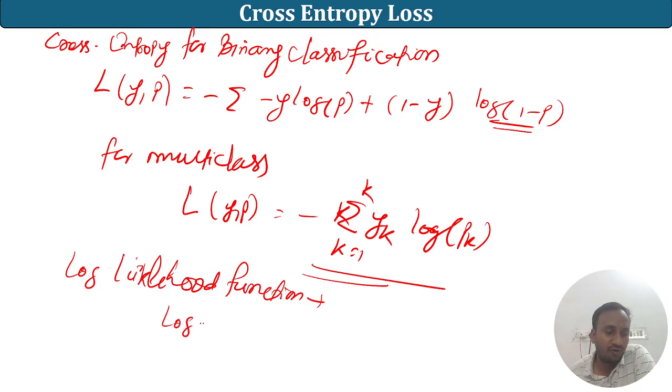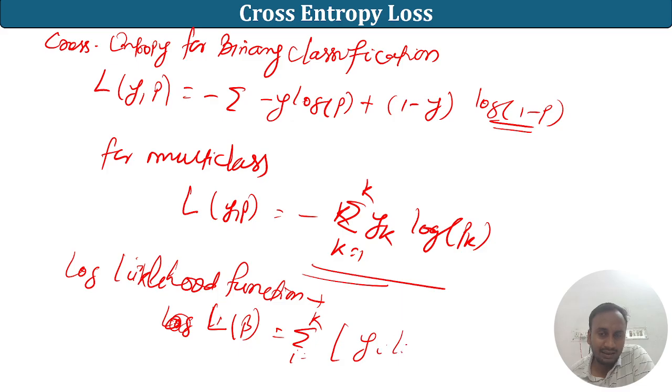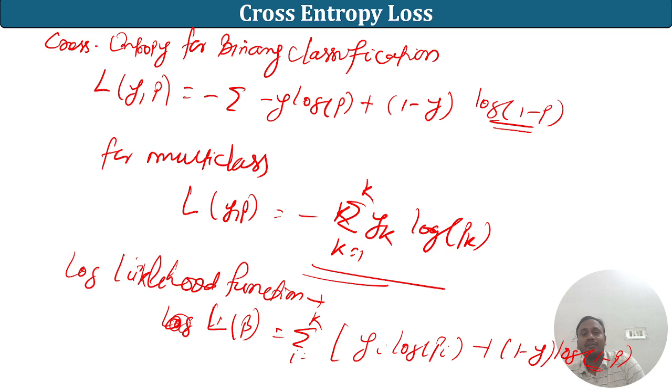The log likelihood function l(beta) was the summation of yi log pi plus (1 minus yi) log of (1 minus pi). It's similar to the log likelihood function. Both are similar; we only have to deal with them in a different way.